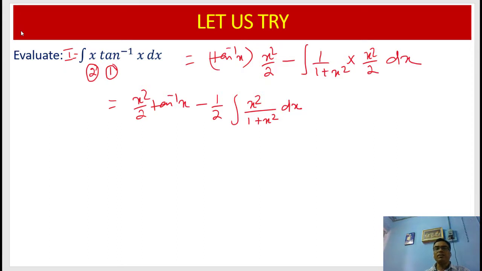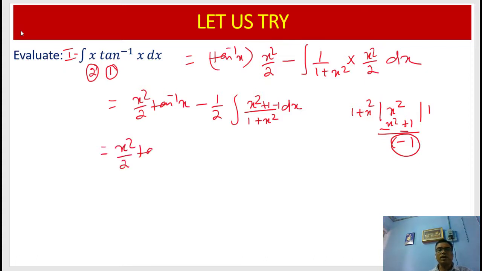You can do division directly, like writing plus 1 and minus 1, or you can do division in this way: x square divided by 1 plus x square. The quotient is 1, it is x square plus 1, subtract, minus 1 is the remainder. So I can write it as x square by 2 tan inverse x minus 1 by 2 integration of 1 minus 1 by x square plus 1 dx.